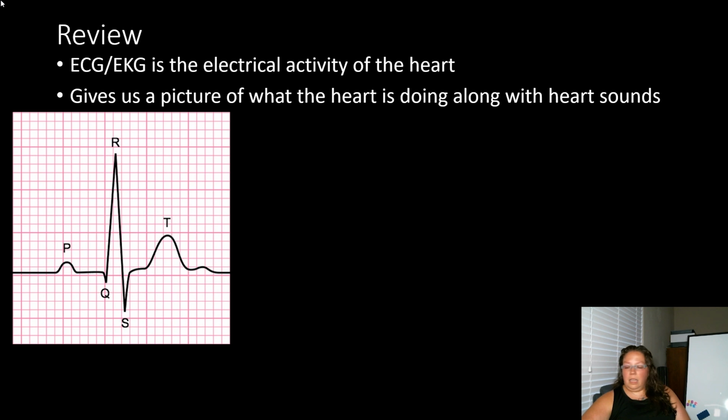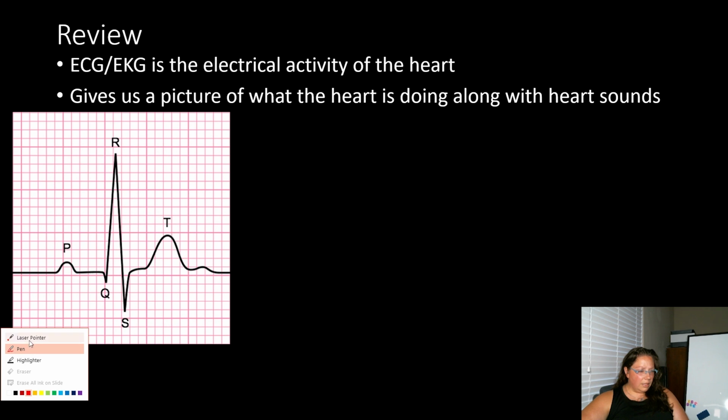Okay, so this here is a basic layout of an EKG. Where's my laser pointer?